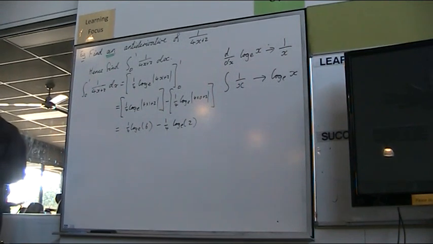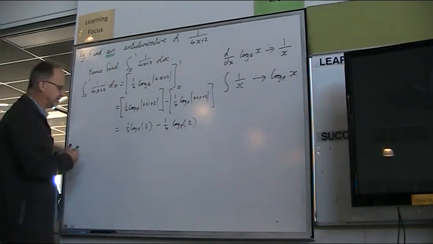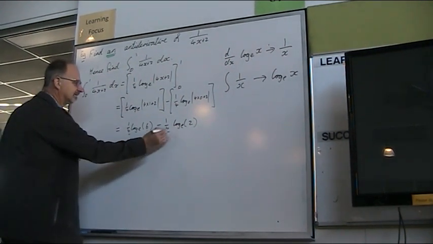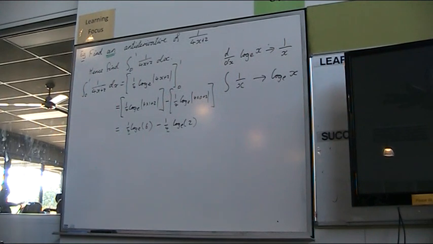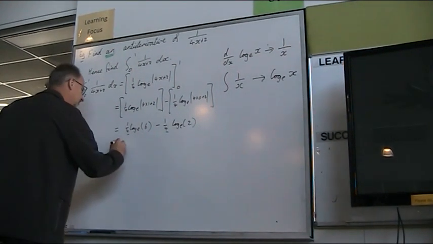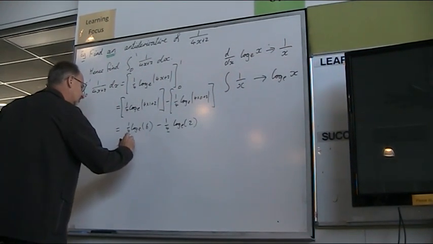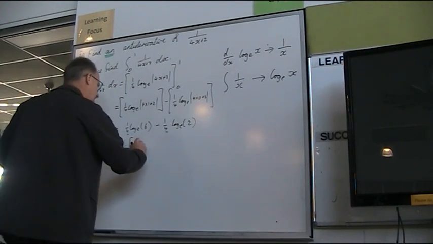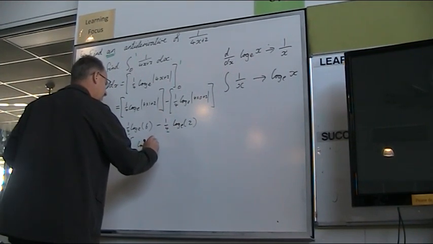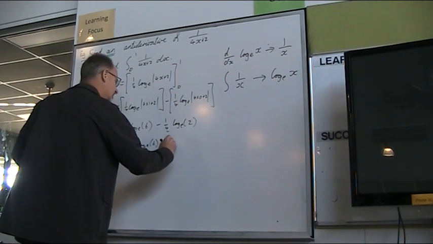Now what? Any suggestions? What about this quarter? What do we know about this quarter? It's a common factor, so let's take it out as a common factor. Then I've got log to the base e of 6 minus log to the base e of 2.